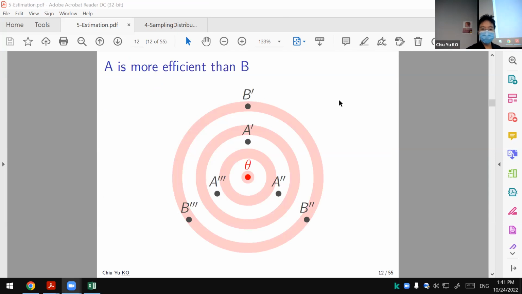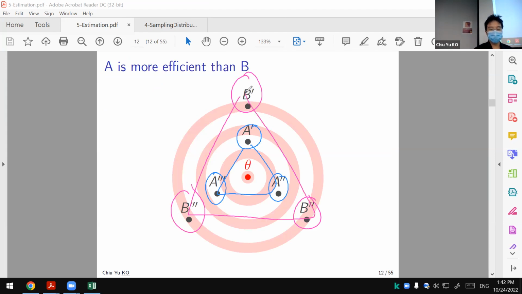Here we have A, let me use the blue color, it's here, here, and here, right? On average it's in the middle. And B is here, here, and here. On average hitting the middle as well, right?